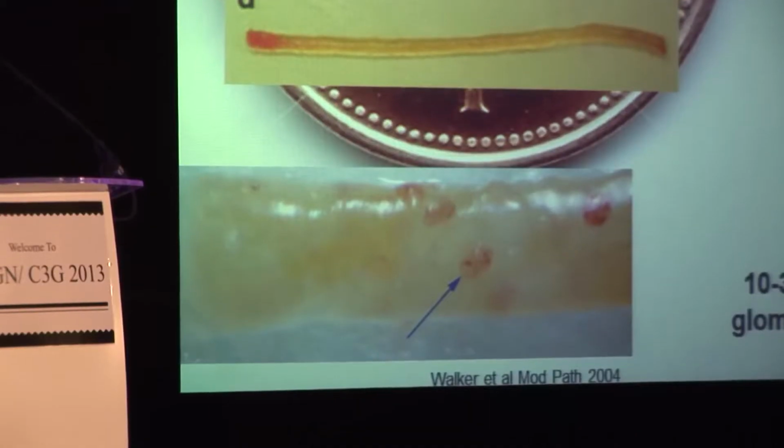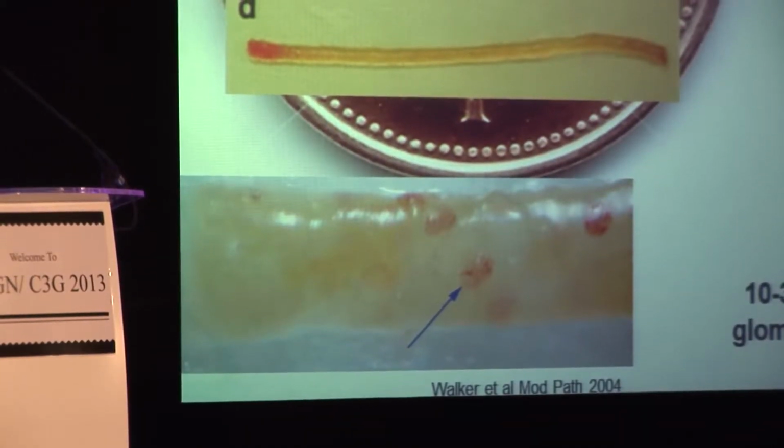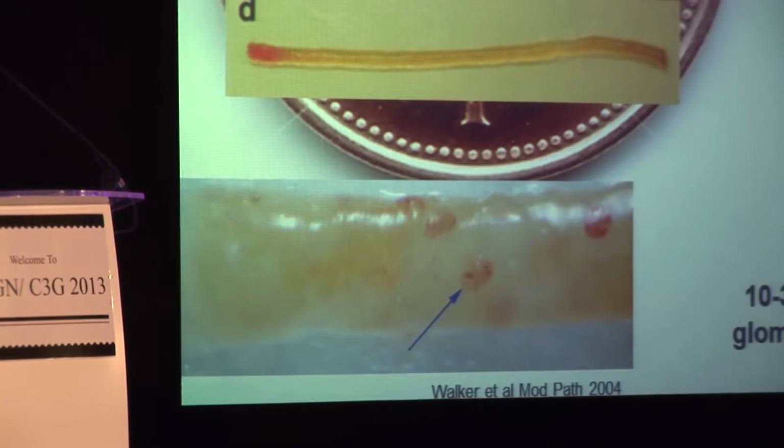And those little red spots that are really too small to see unless you really get up close to the biopsy are the filtering units, or the glomeruli, in the kidney. So the kidney shown here has about 1 million of these filtering units. And when we do a kidney biopsy, we take around 10 to 30, depending on the biopsy, out of the patient so that we can look at them.